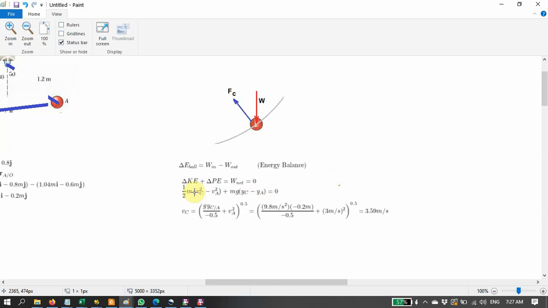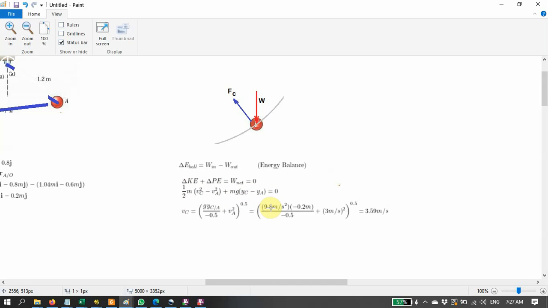Then we just look at the changes in kinetic energy with the changes in potential energy. This is the definition for kinetic energy, the definition for potential energy, and after rearrangement, the mass of the ball can be cancelled, using gravitational acceleration of 9.8.